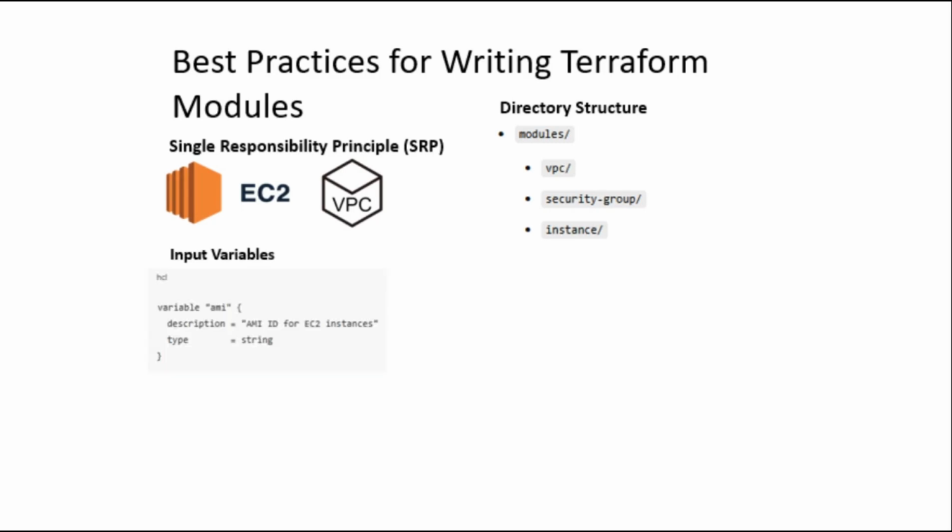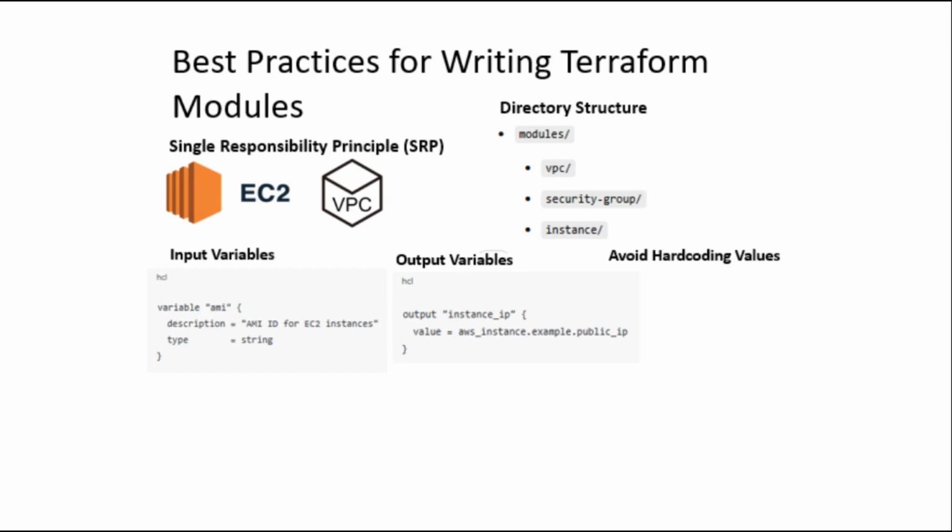3. Input variables. These are values that are passed into the module to configure it. You should declare variables in the module, making it flexible and reusable. 4. Output variables. These are values that the module returns to the parent configuration. For example, you might want to return the instance's public IP. 5.